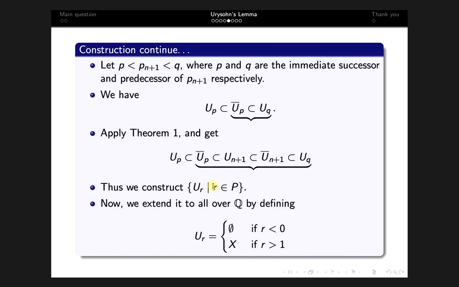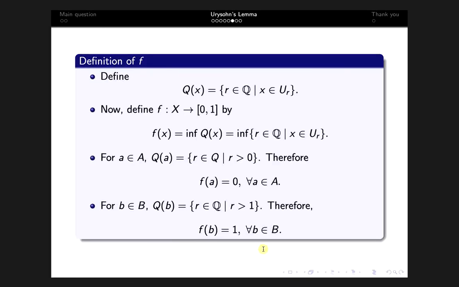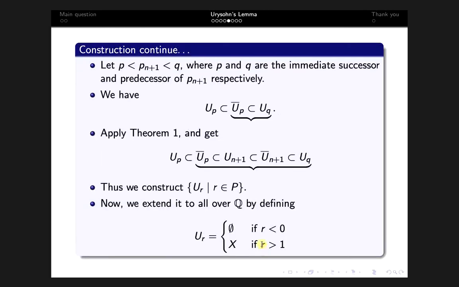Now we extend this collection to all rationals by defining U_R equal to the empty set when R is strictly less than 0, and the whole space X if R is strictly greater than 1. Okay, so now for every rational number we have an open set U_R.